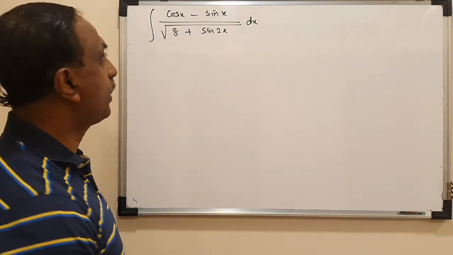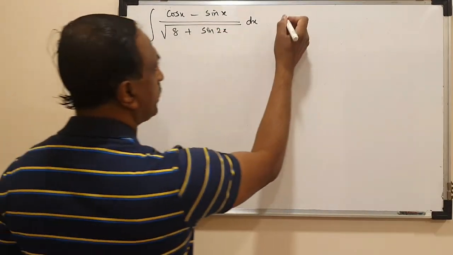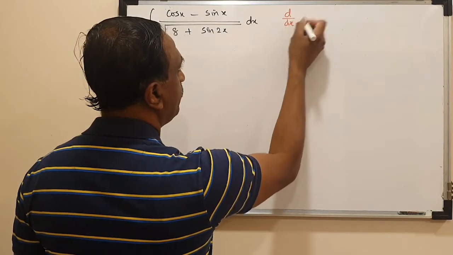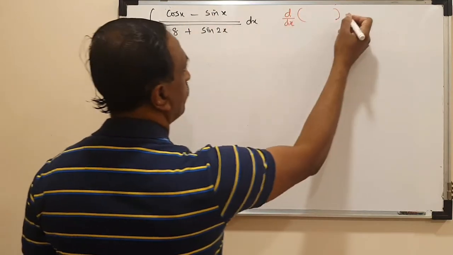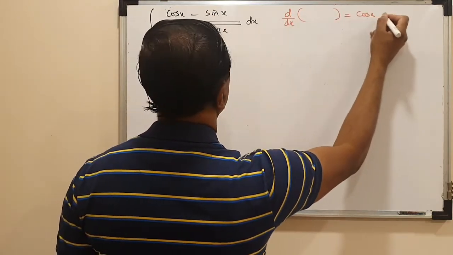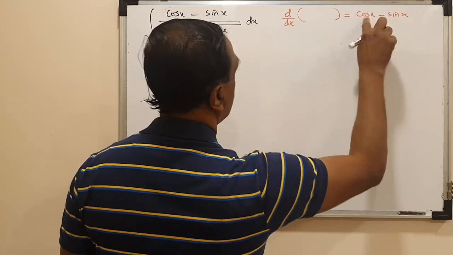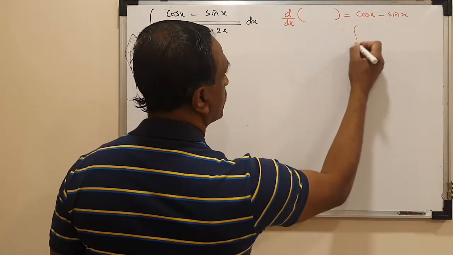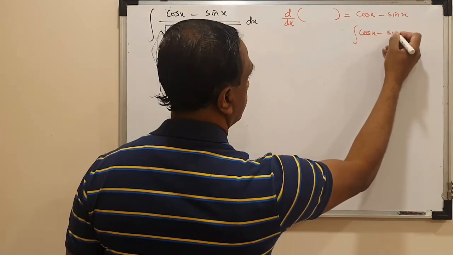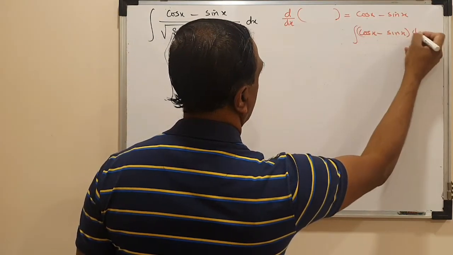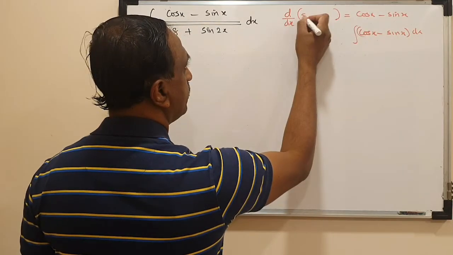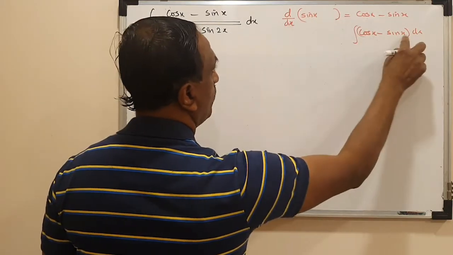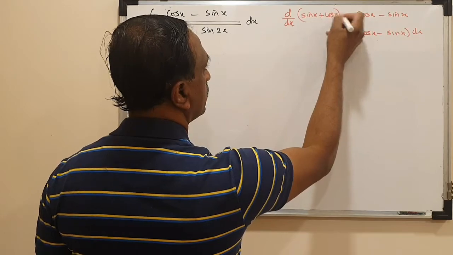The method that we are adopting is, we ask the question whose derivative is the numerator. In fact, I am asking what is the integral of cos x minus sin x? Integral of cos x is sin x. Integral of minus sin x is plus cos x.